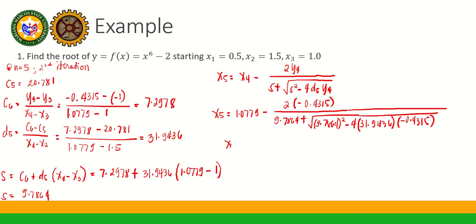So x sub 5 natin, computing for the value we have, that is equal to 1.117.